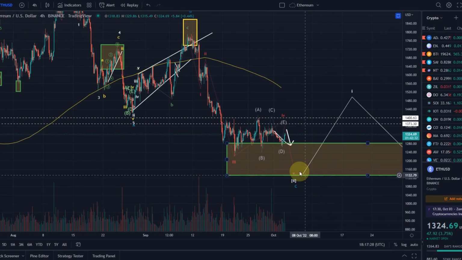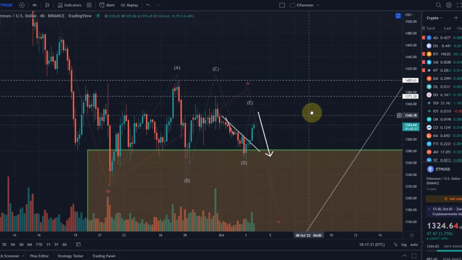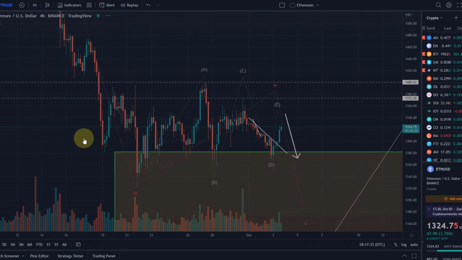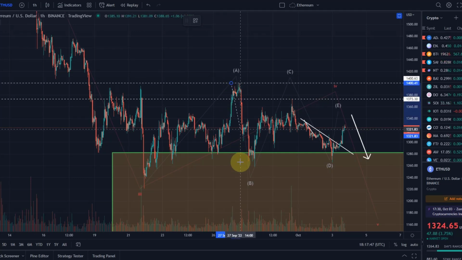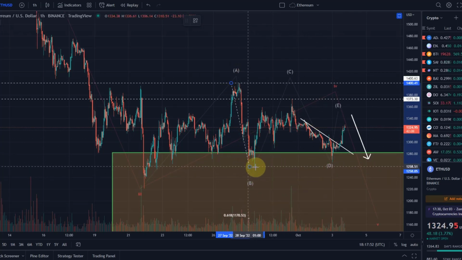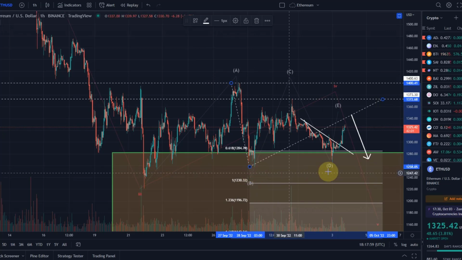If we zoom in now, we can look at this triangle, which worked out very nicely. I gave you a target for the wave D a few days ago, and just to show you how nicely this can be calculated using the fibs: a target for wave D is usually the 61.8% extension of the length of the wave B. The target was 1285.